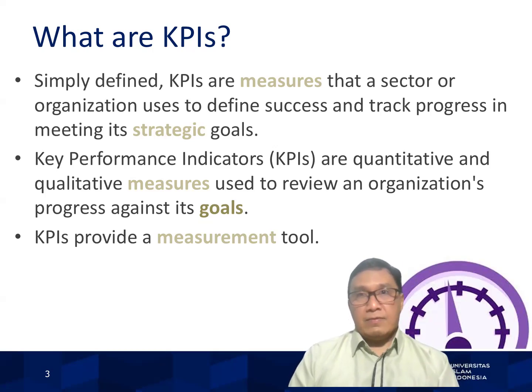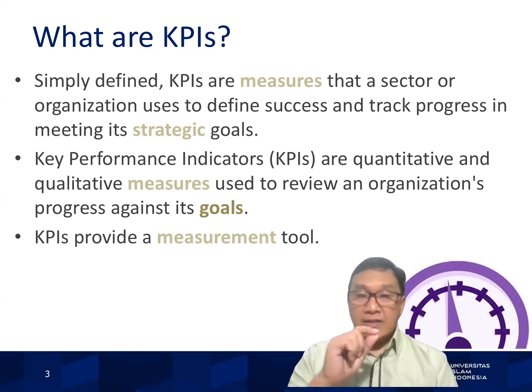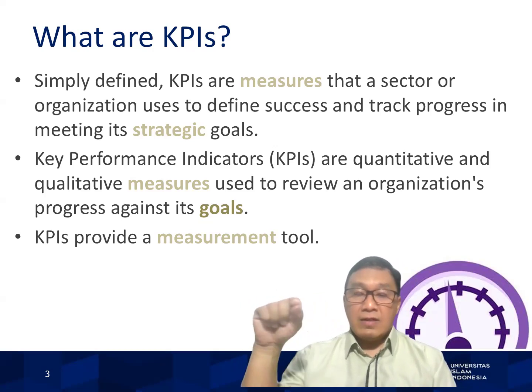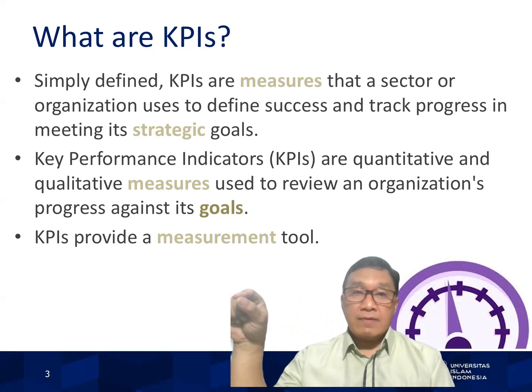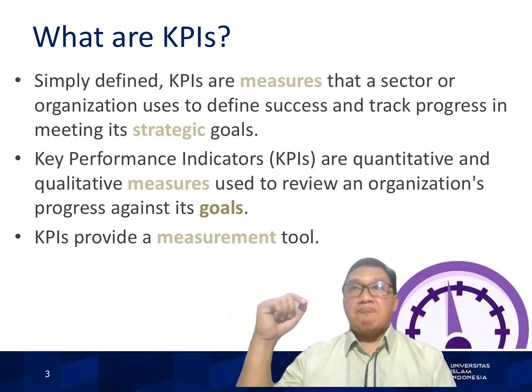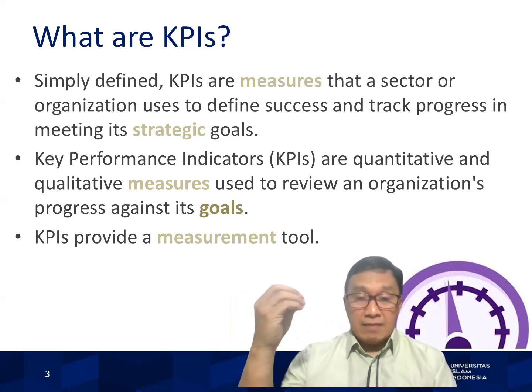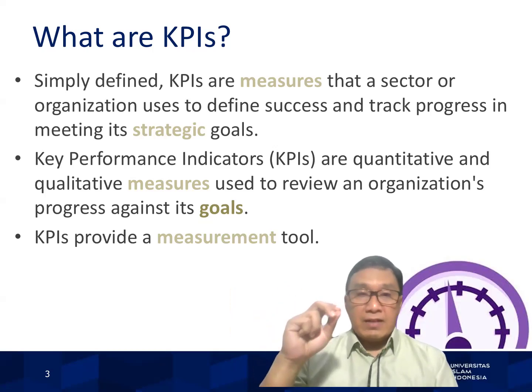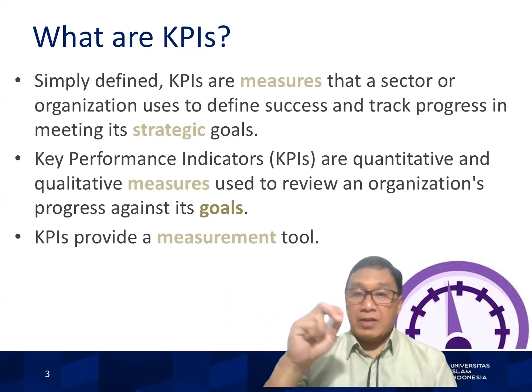So if we relate it with the definition of system, where a system is a collection of elements that interact with one another in order to achieve its objective. In every organization, every sector, every system, especially in an integrated system, this objective should be easily measured.